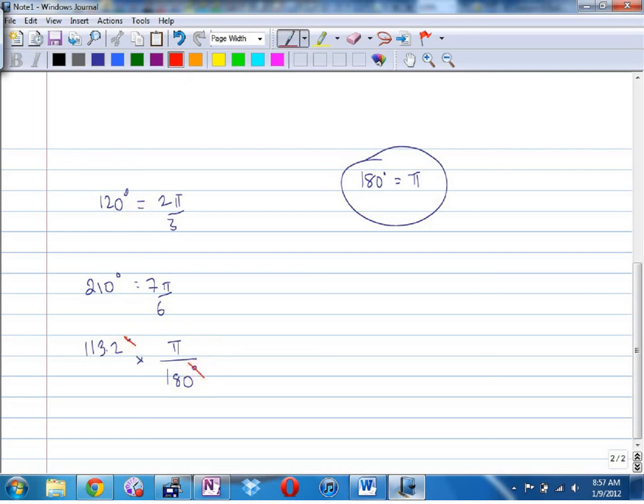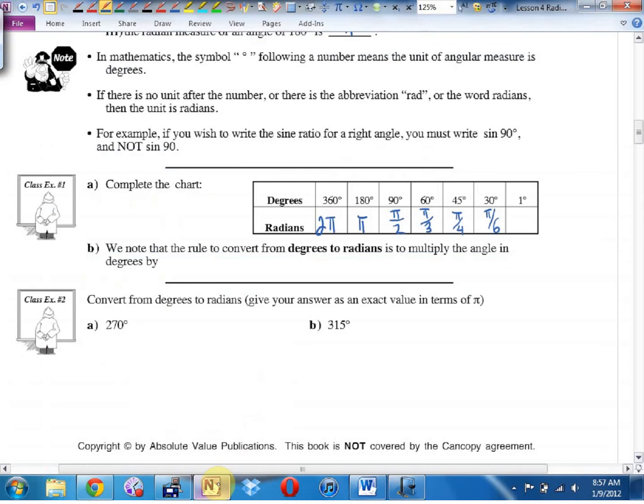I would go 113.2 times pi divided by 180. The rule is to multiply by pi over 180. I truthfully don't memorize the rule. I know it's either going to be pi over 180 or 180 over pi, and I want to make the units cancel so that I end up with the units that I want on top.